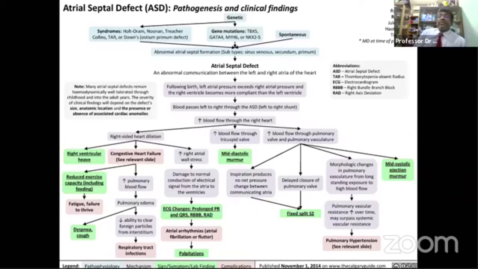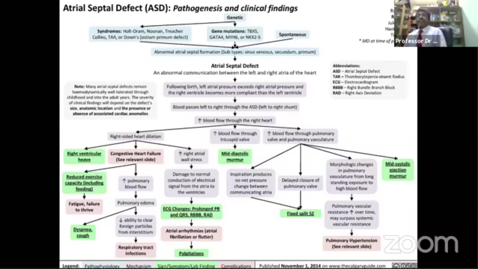We can also use other diagnostic modalities like MRI, magnetic resonance of the heart, or CT of the heart, to diagnose definitely the different pathologies or anomalies within the heart along with atrial septal defect.